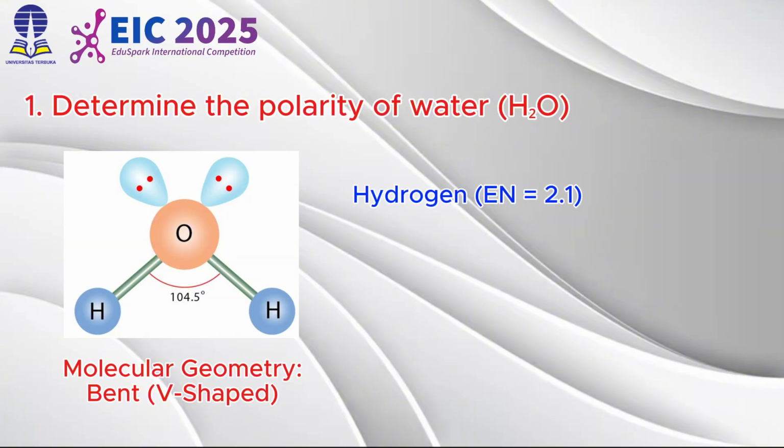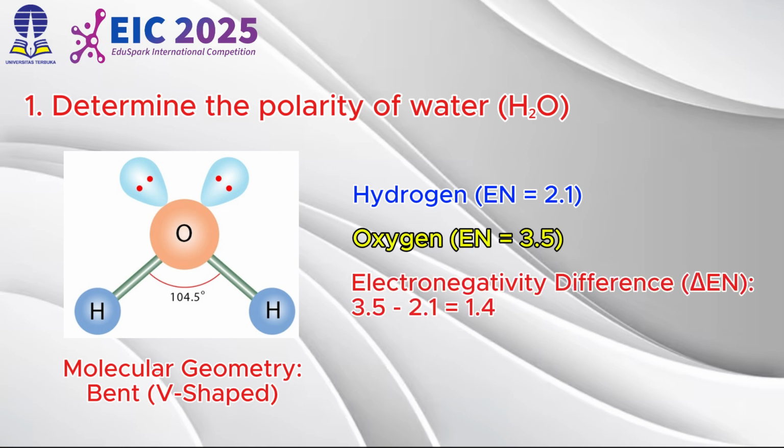The electronegativity of hydrogen is 2.1 and for oxygen is 3.5. The electronegativity difference is 1.4, indicating that the bond is a polar covalent bond.